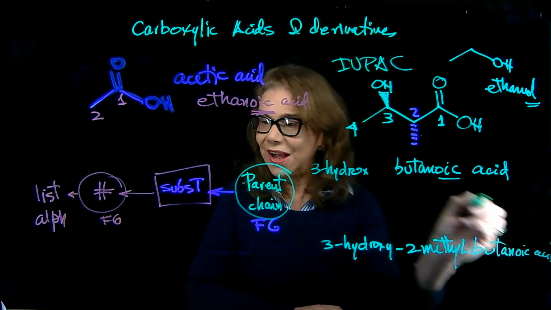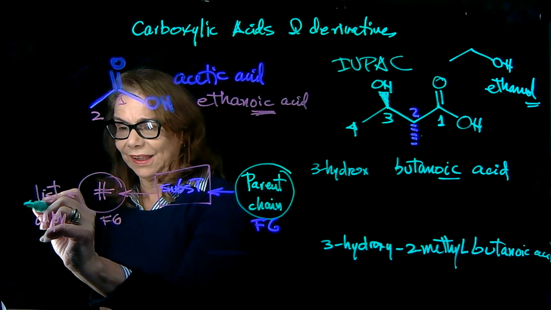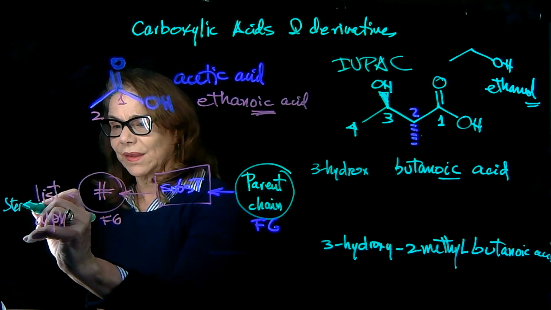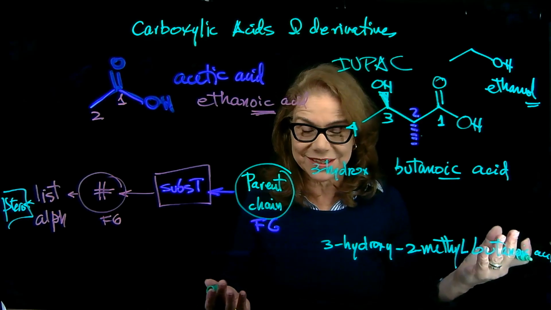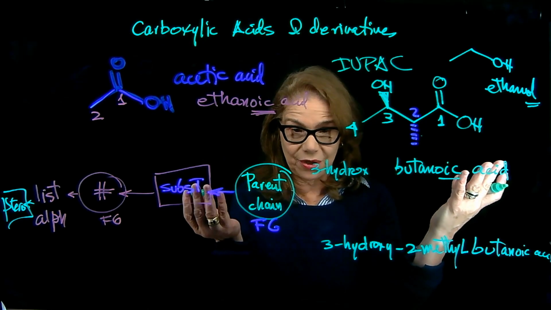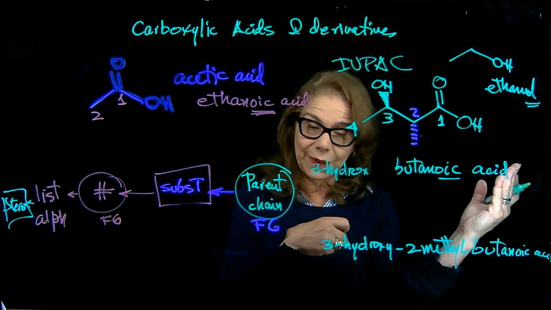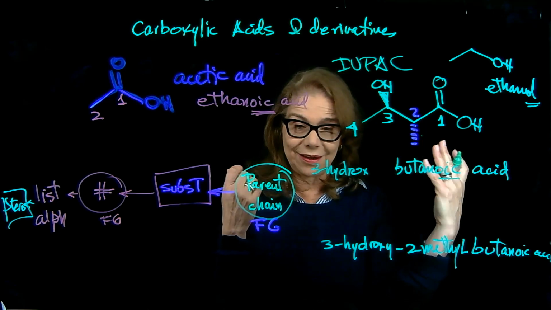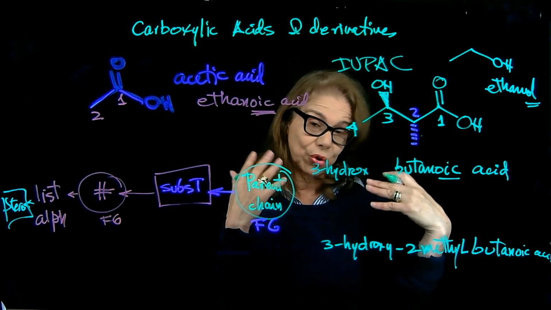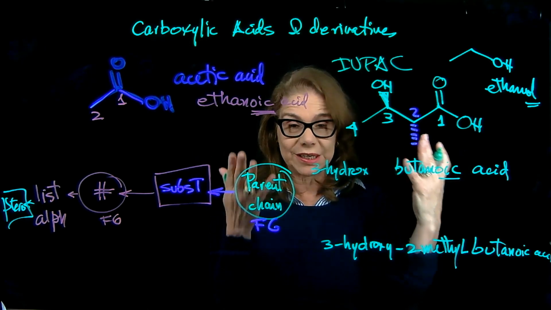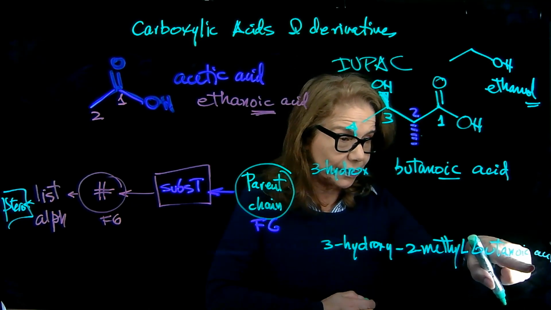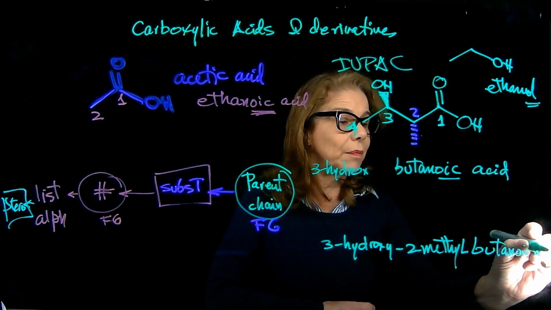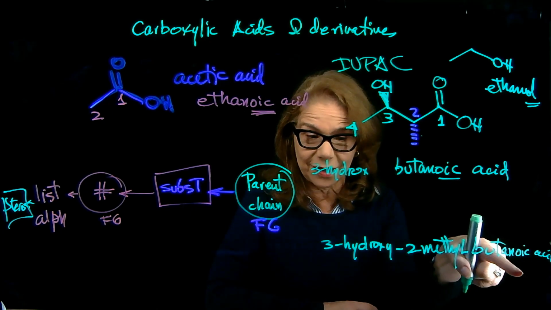And now the last element here is stereochemistry. If we have chiral centers, we need to list them and give the configuration. If we have a double bond and we notice different substituents, it could be E or Z, and we need to list that as well. So to complete the name here: the parent chain, and my main functional group is the carboxylic acid.